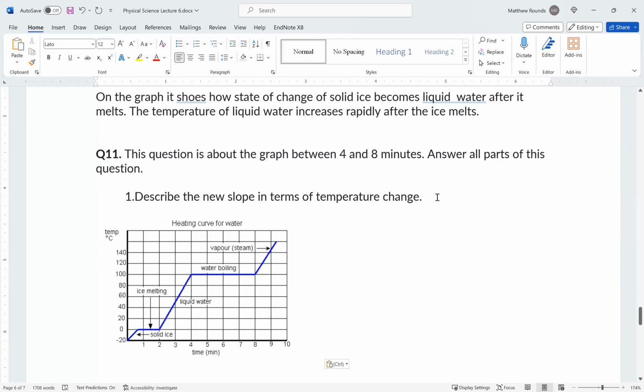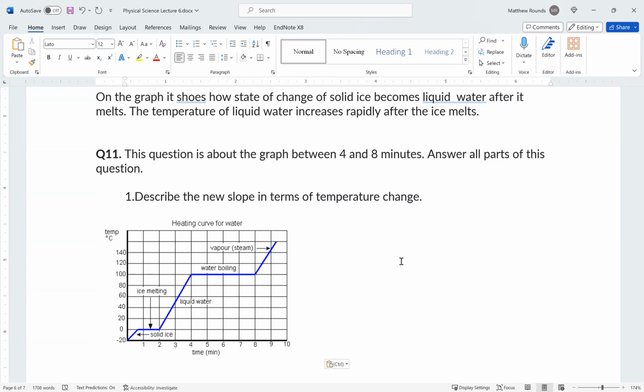How would you describe the slope of this line? So at 4 minutes, the liquid water's at 100 degrees, and then to 8 minutes, the water just is boiling. In terms of the graph, though, how would you describe the slope, either as a number or as a word?